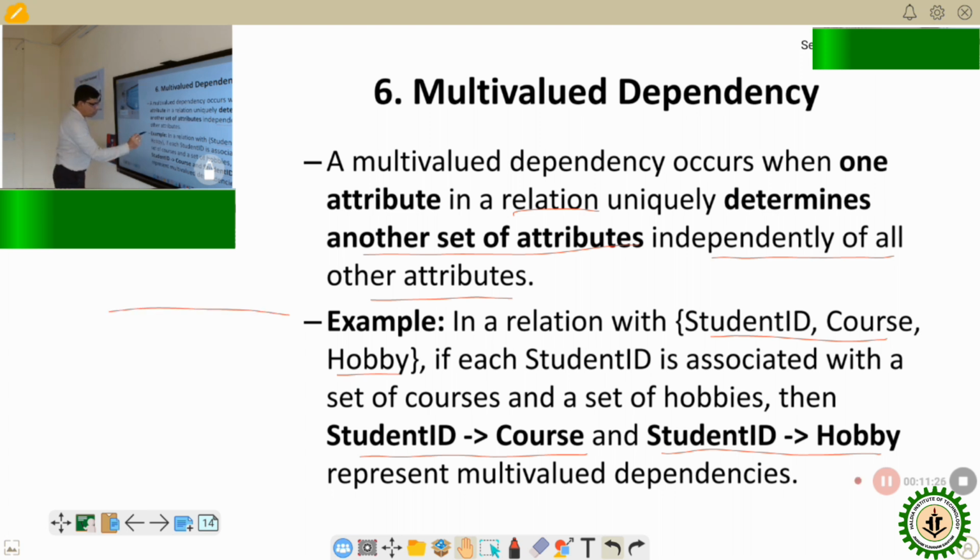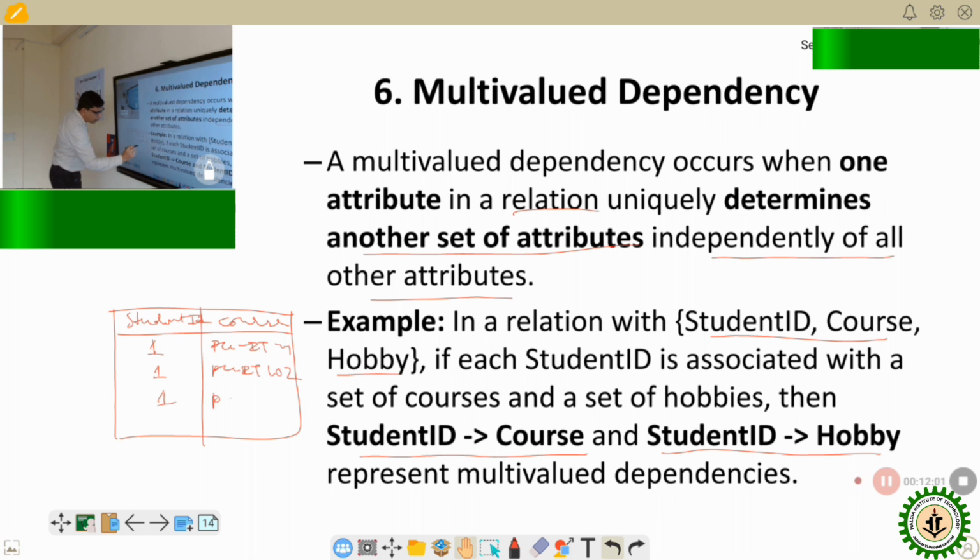Suppose you draw this table like that. That is the student ID and it is the course. Suppose you are considering the student ID is 1, 1 and 1. Course ID, suppose it is PCC IT 101, PCC IT 102, PCC IT 103.